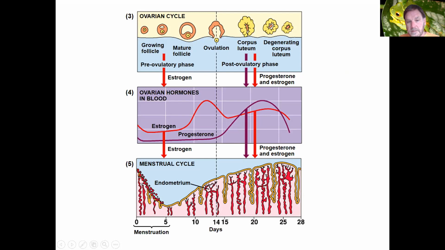And then there'll be a thickening period again, and the cycle continues. You can see these hormones spike: estrogen at ovulation, progesterone here at this post-ovulatory phase.